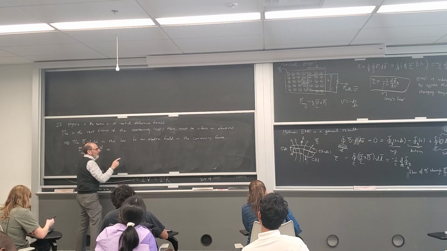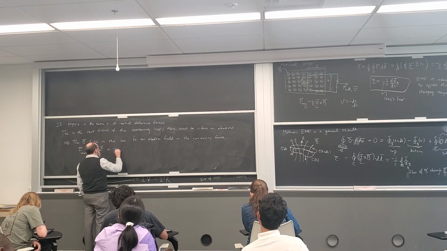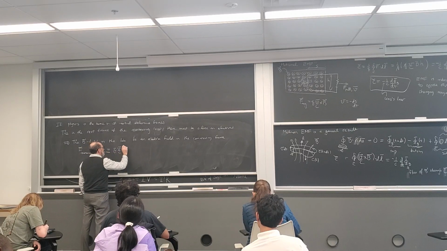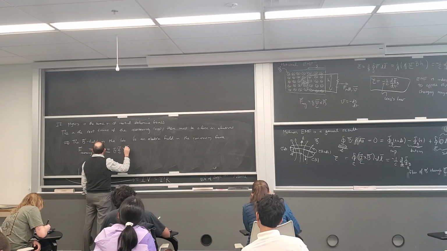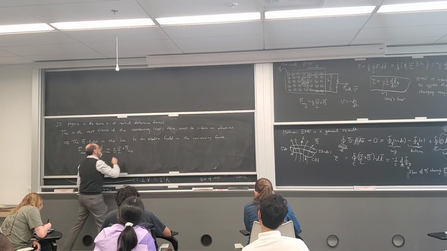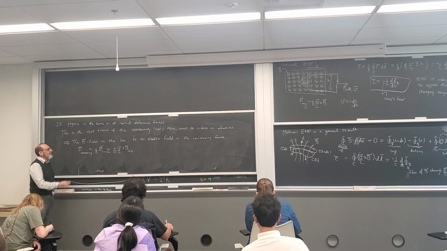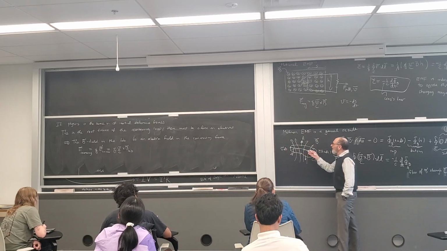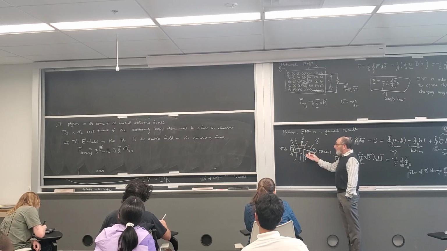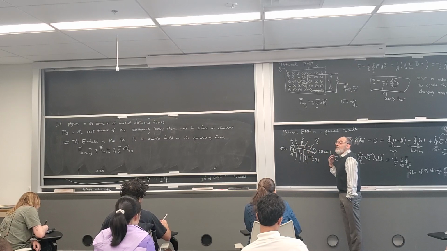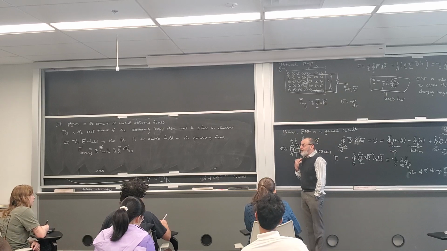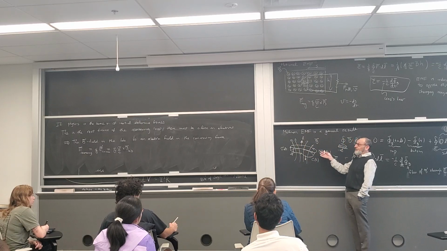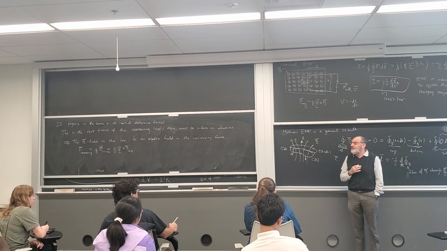And that has to equal... so that means that what we're seeing, what's happening in the frame of the moving loop is that it's seeing an electric field. That electric field is not an electrostatic field. It's a field that's coming from the fact that in its frame, the magnetic field is changing in time.